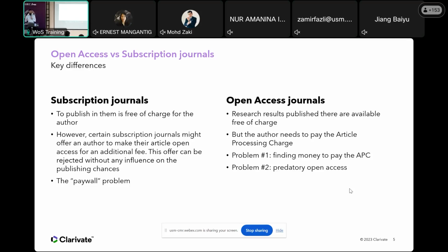Subscription journals are free of charge to publish in, and they won't charge you a penny for publishing a paper there. More than that, in the majority of cases they even have a declaration published somewhere on their website that will exclude double payments.